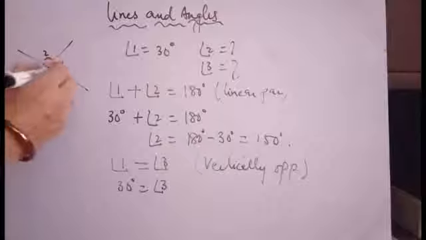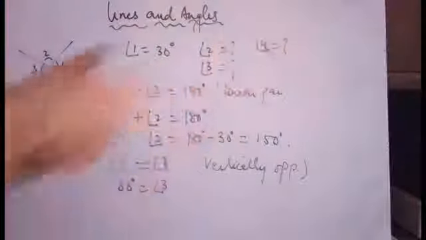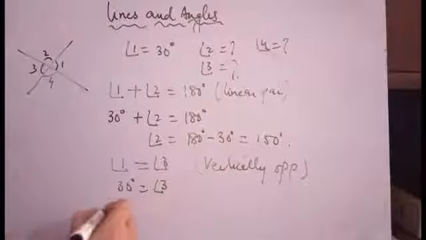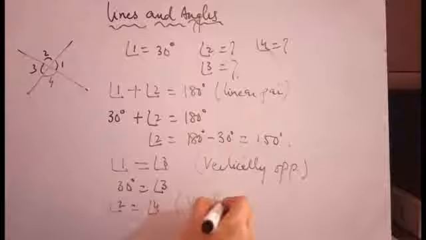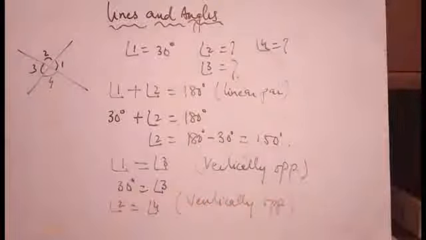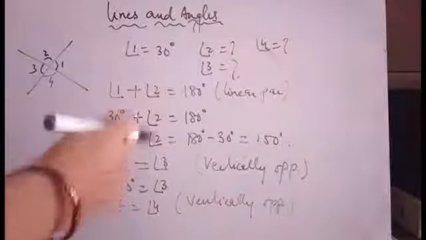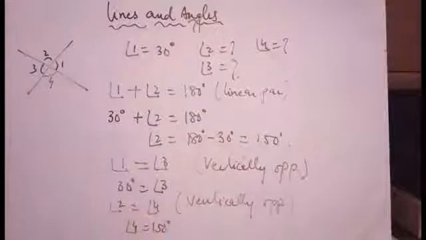If there was a fourth angle and you had to find out angle 4 also, what will be angle 4? Angle 2 and 4 are vertically opposite, so they will be equal. Angle 2 was 150, so angle 4 will also be 150 degrees. This is how we will do this sum.